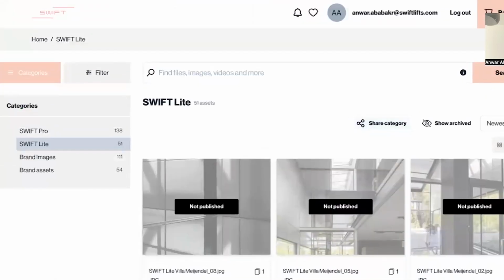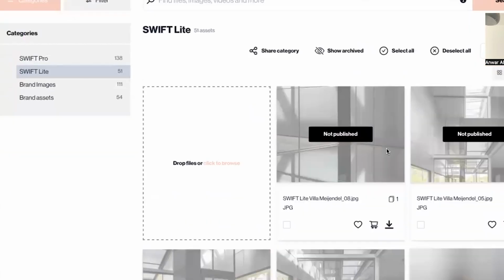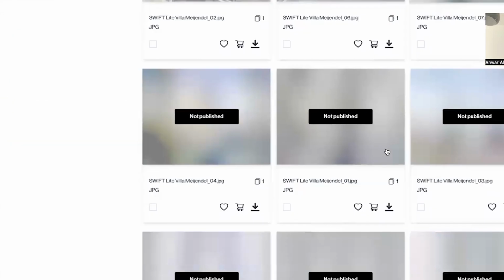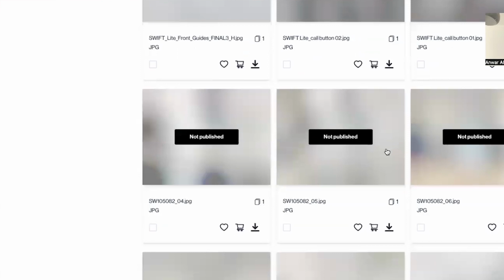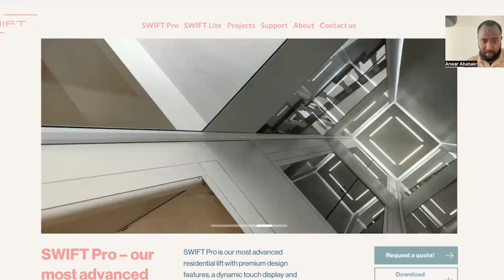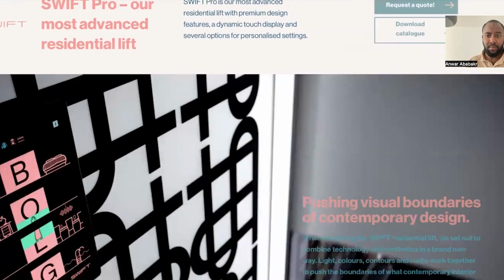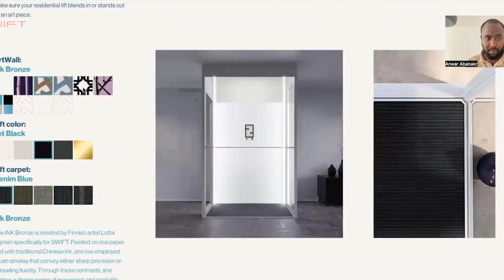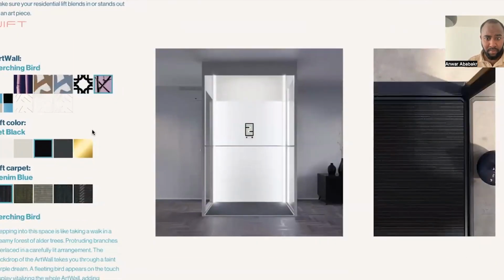But I was focusing on helping them build the website, so it could later integrate into their main website, which you can also do by making the image bank first, and then you merge it together with your official website, which is their website called Swift Lifts.